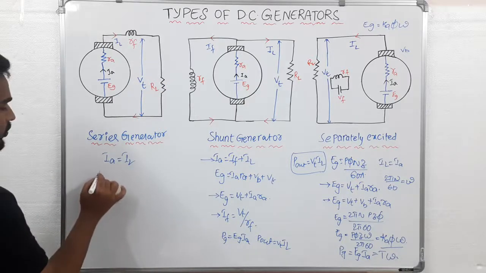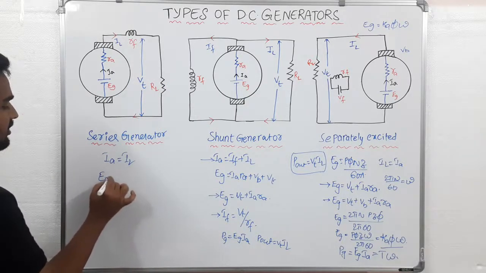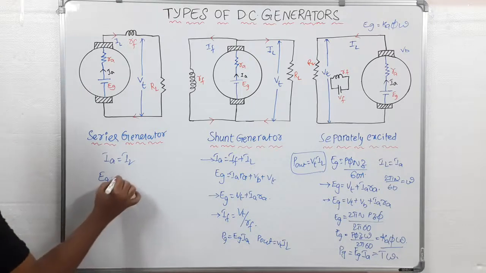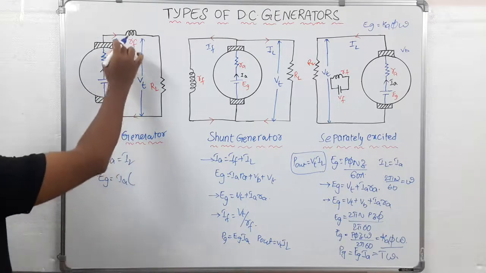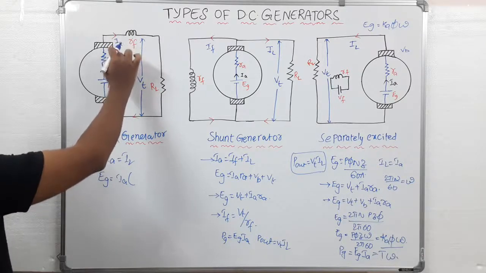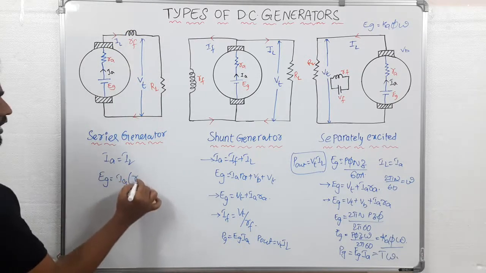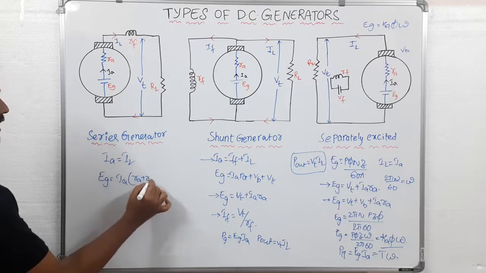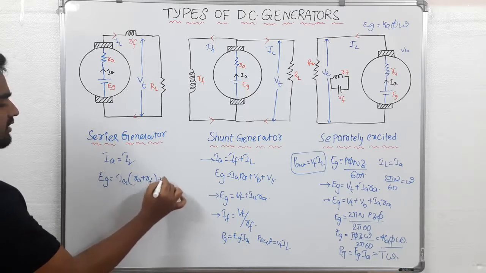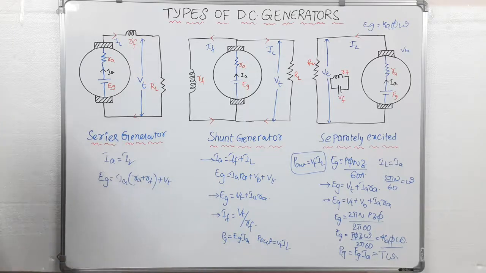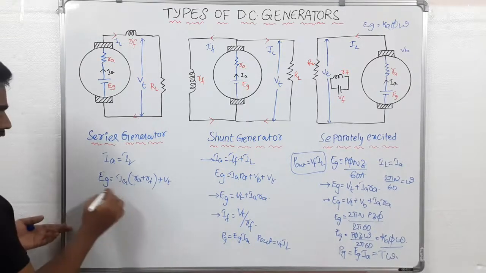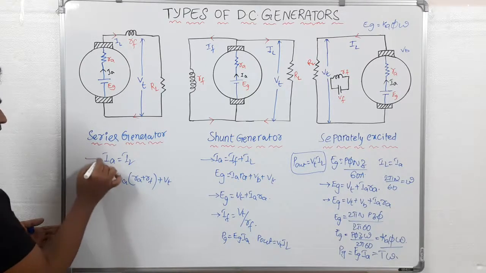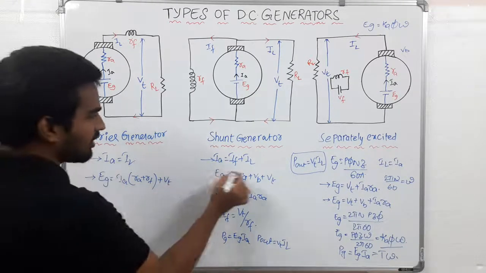Now the equation: Eg will become Ia into Ra plus Rf, these two are in series, plus Vt. Vt is nothing but IL into RL, the terminal voltage Vt. Very important equations.